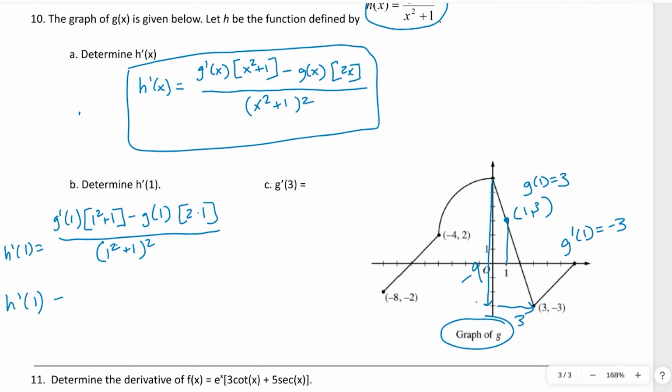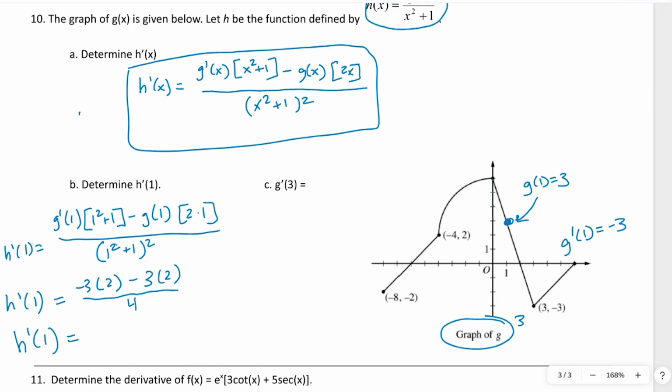So let's see if we can calculate this. Let me erase some of my scratch work over here. Okay, so g prime of 1 we said was negative 3, times 1 plus 1 is 2, minus g of 1, which we said was 3, times 2, over 1 plus 1 is 2, and 2 squared is 4.